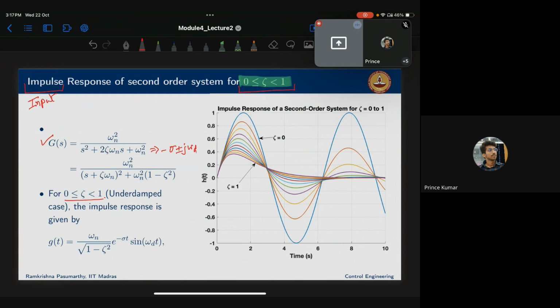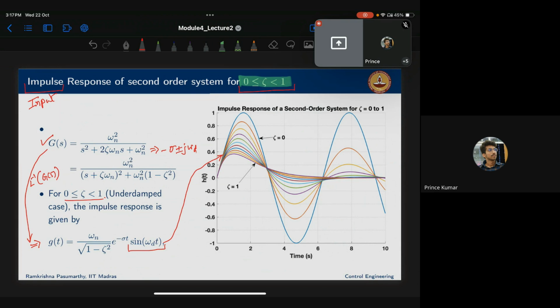If you take the inverse Laplace transform of G of s, the g of t expression would look like this, where you have a sinusoidal term.